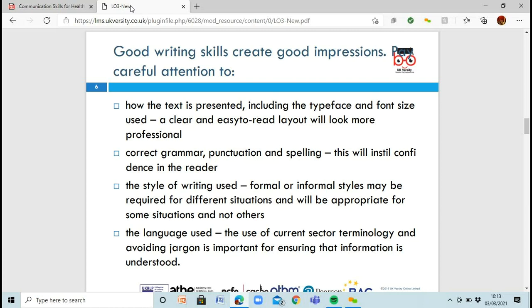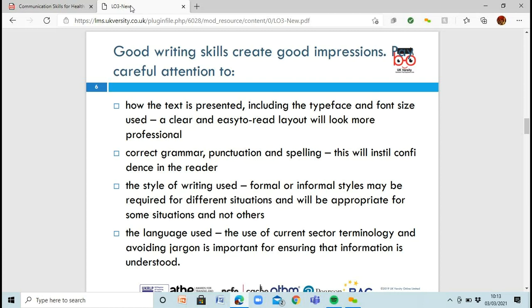You just want a basic typeface, maybe Arial, and a nice font size so that everybody can read it clearly. You don't want it to be too large, like 18, and you don't want it to be too tiny, like a 9. So you've got to make sure how you're presenting your work, how you're making your notes, is clear, easy to read, and has a layout that will look professional.